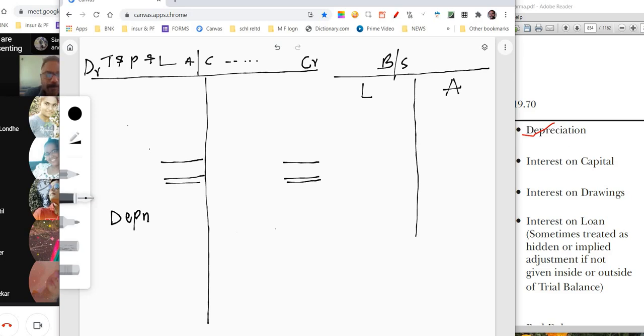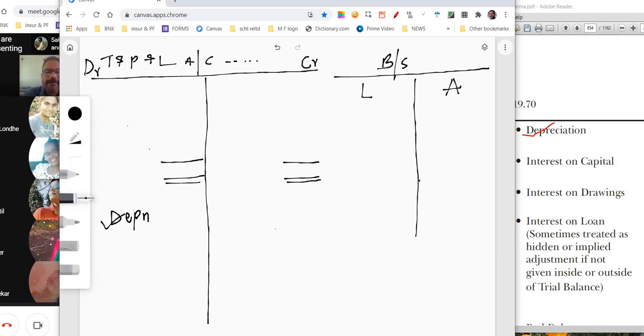Depending on the type of fixed assets, there may be depreciation on furniture, building, machinery, fixtures, motor car, etc. Depending on the number, you repeat it. You can write it together, add the total and show the single amount, or otherwise write it as many times as needed, no problem. So depreciation is written here in the debit side.